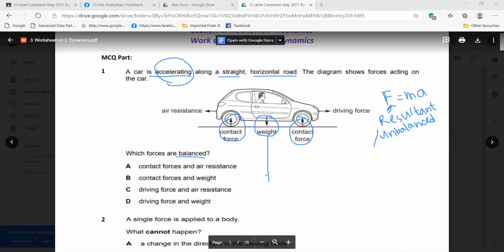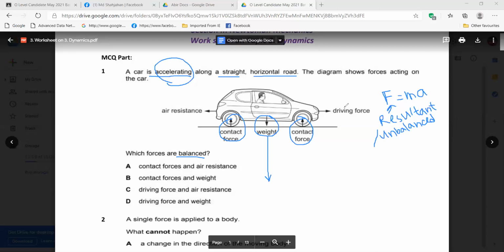The contact force is given smaller arrows. These two contact forces are balancing this weight. So upward and downward forces are balanced, but forward and backward forces are unbalanced here.